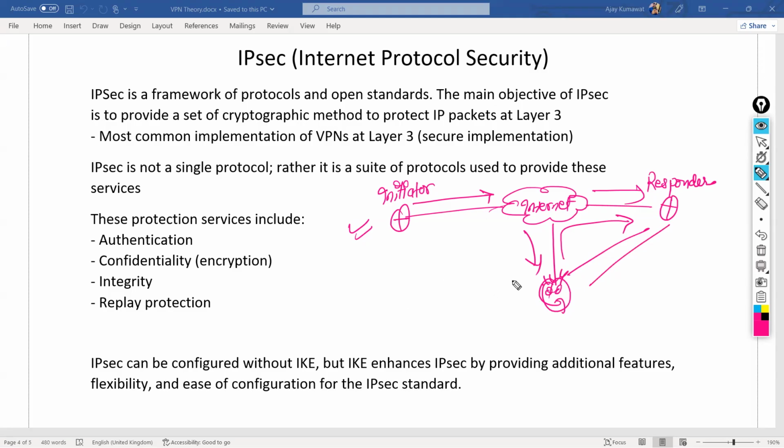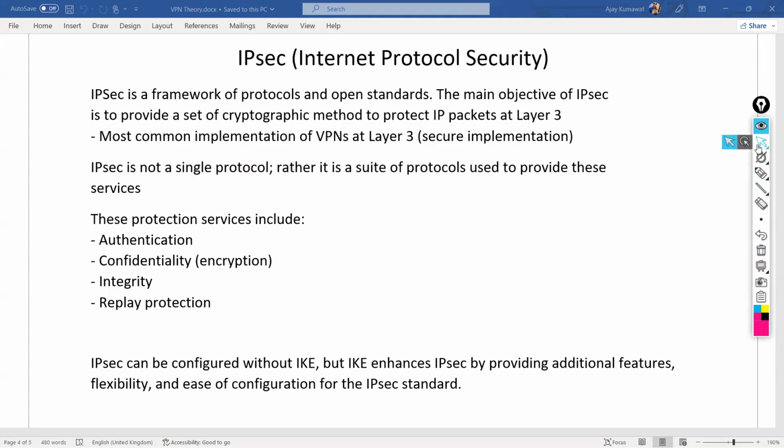Why? Because whatever packets he has captured, the same packets he is delivering to this side. So the protection from these kinds of attacks is also provided by IPSec. Clear? Okay.